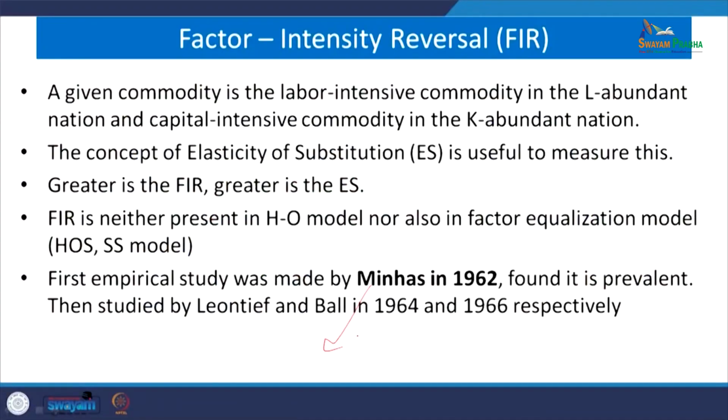Now, what are the other criticisms of HO theory, the empirical evidences which were made? One of the finest articles, by the Indian economist Minhas in 1962, was on the basis of the elasticity of substitution of the factors engaged in different sectors.